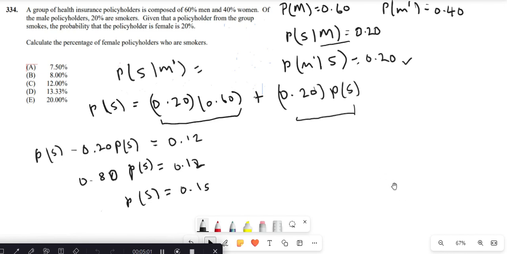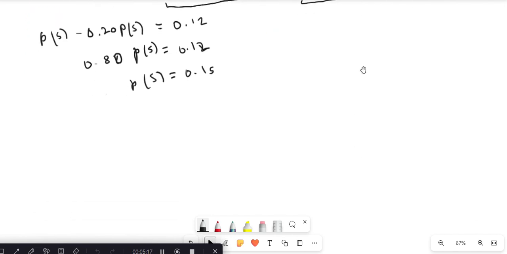So now that I have the probability of S, I'm going to go ahead and use the law of total probability, similar to what I did up here, to actually get what I was asked to find. So the probability of S, which is 0.15, is equal to the probability of a person smoking and being female plus the probability of a person smoking and being male.